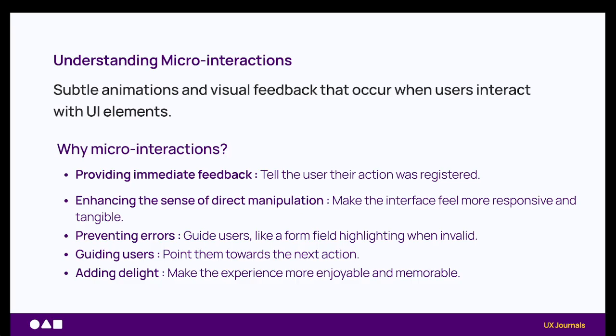And it also helps to prevent errors. It guides users and points them to the next action. A good example is, if you see some websites, their hero section covers the entire screen, like 1920 by 1080.